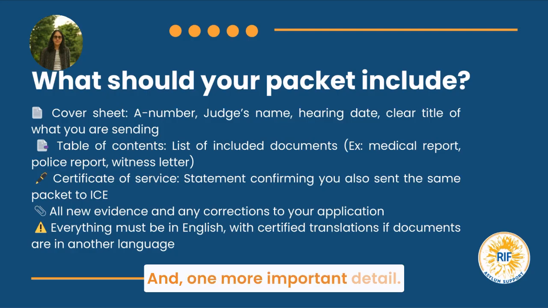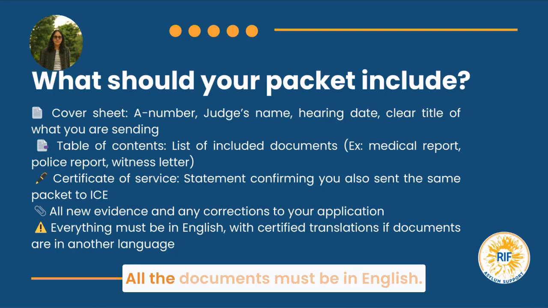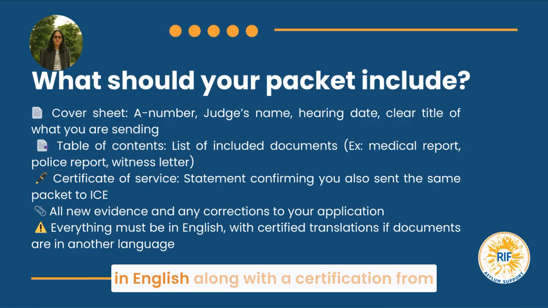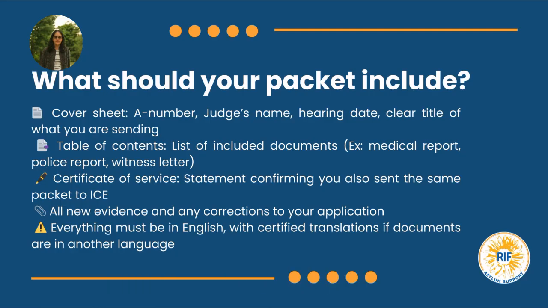And one more important detail: all the documents must be in English. If you have documents in another language, you must include a full translation in English, along with a certification from the translator stating that the translation is accurate and that the translator is competent.